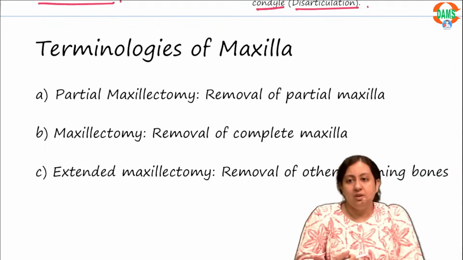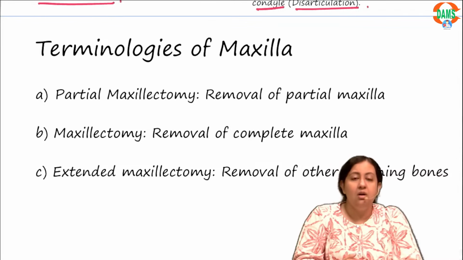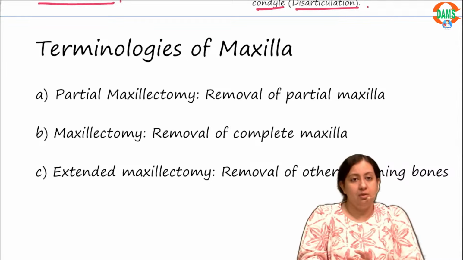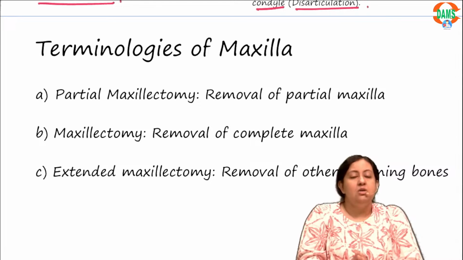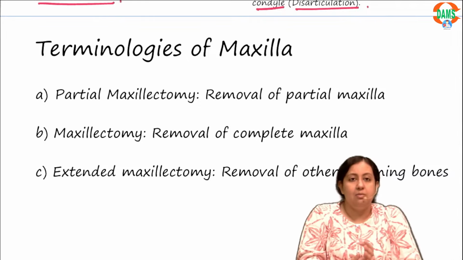Now apart from this, those were regarding your terminologies of the mandible. Now we have certain terminologies of the maxilla. For this you don't have to go into much detail, you just have to remember the names. So partial maxillectomy is removal of a part of the maxilla.